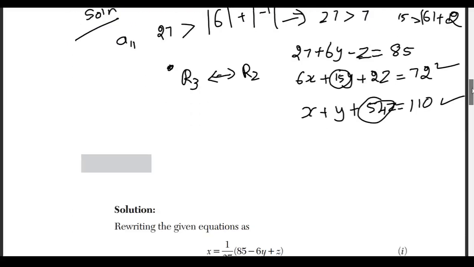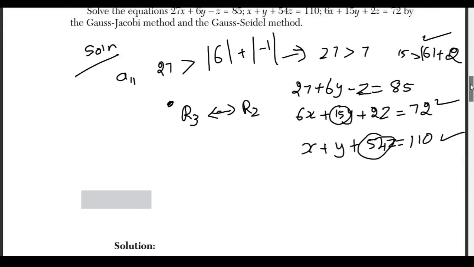Now let us rearrange the given equations. For x we have to rearrange like this. Let me show you how to rearrange. x is equal to 1 by 27 times 85 minus 6y minus z, with the terms taken to this side in a bracket.